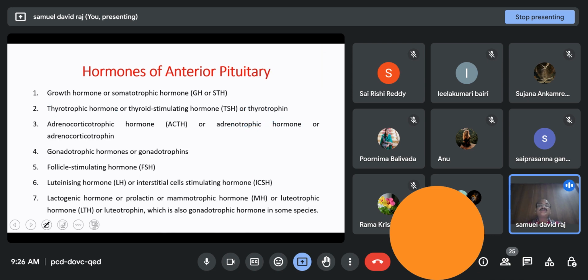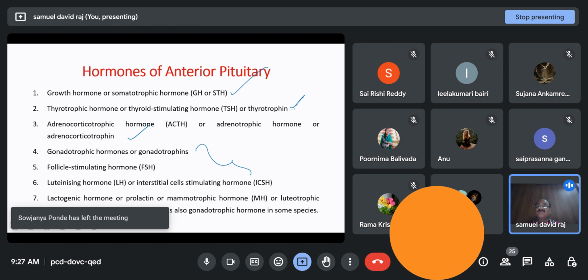Because it controls the growth of the body, and the mental, physical, and sexual growth of the body through the thyroid stimulating hormone, and glucose metabolism, mineral metabolism, etc. by adrenocorticotrophic hormone, and reproduction by gonadotrophic hormones, and finally milk secretion by lactotrophic hormone.